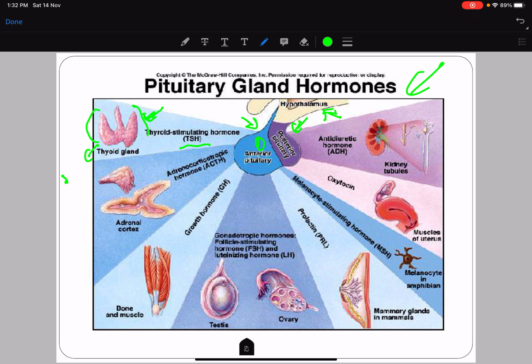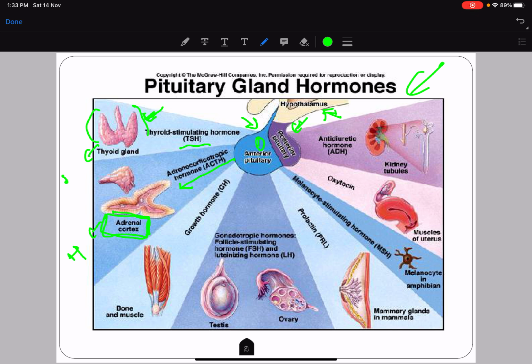The anterior pituitary can also secrete ACTH, adrenocorticotropic hormone. Once the anterior pituitary secretes ACTH, it travels through the blood to the adrenal gland, especially the adrenal cortex, and signals the adrenal cortex to produce its hormones.